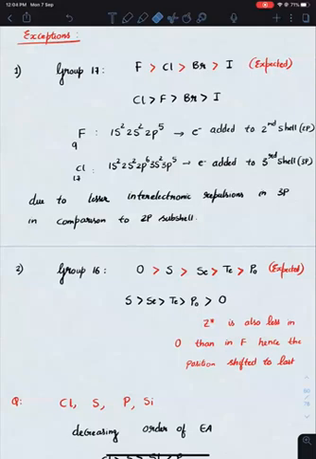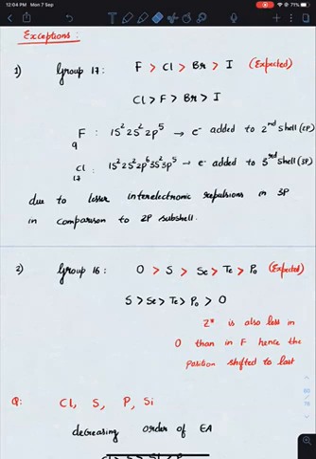The reason being, in fluorine you are giving the electron to the second shell, and in chlorine you are giving the electron to the third shell. As the second shell is smaller, the repulsive forces from the already existing electrons will be greater in fluorine when compared to chlorine.